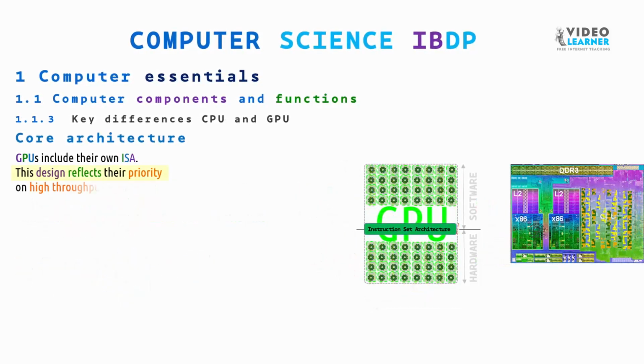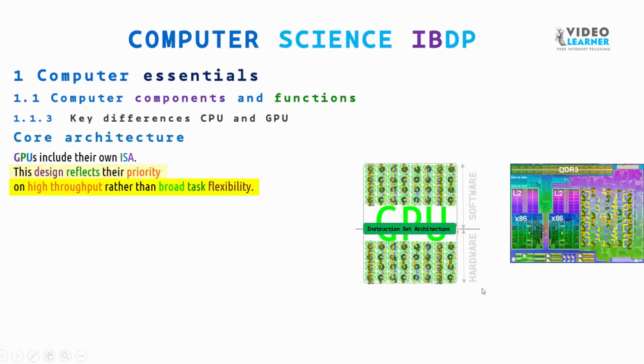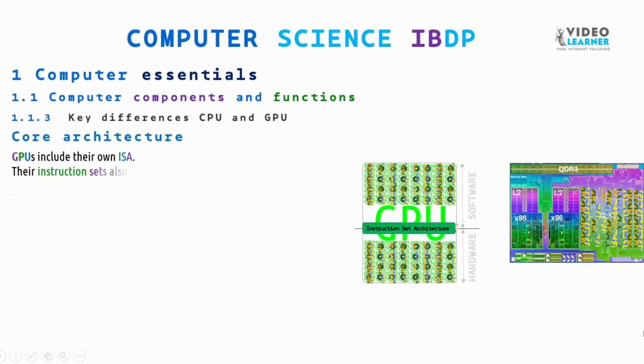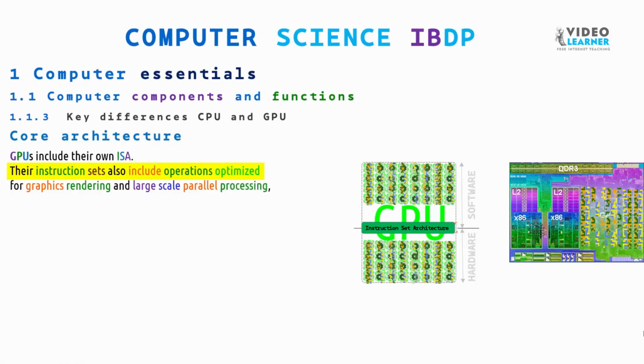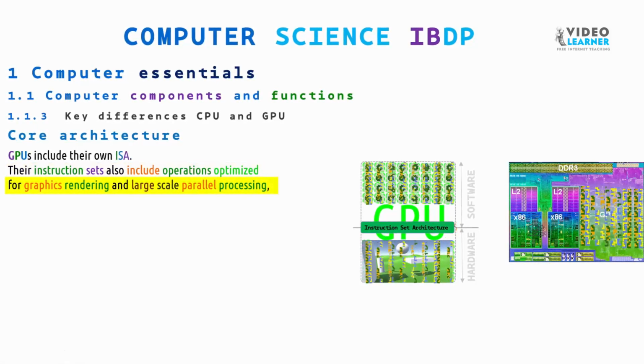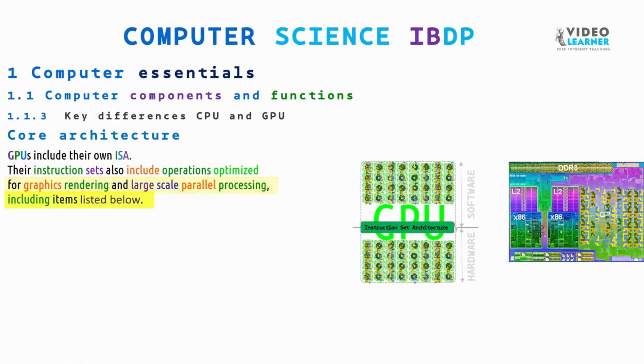This design reflects their priority on high throughput rather than broad task flexibility. Their instruction sets also include operations optimized for graphics rendering and large-scale parallel processing, including items listed below.